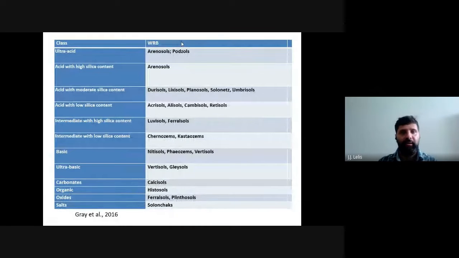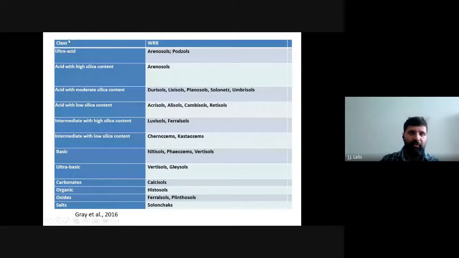And here we can find some soil groups that are strongly related to these parent materials. So if the parent material is iron-rich oxides, probably we have ferrosols or oxysoils and plantosols. Okay, if we have carbonates, maybe we have calcisoils or mollisols and other of these classes.